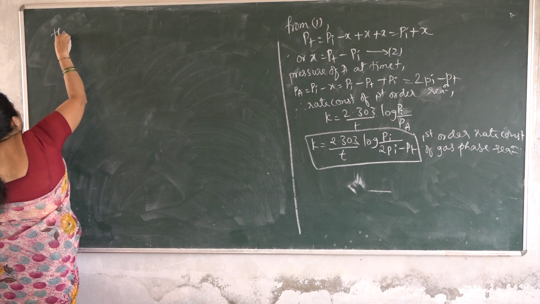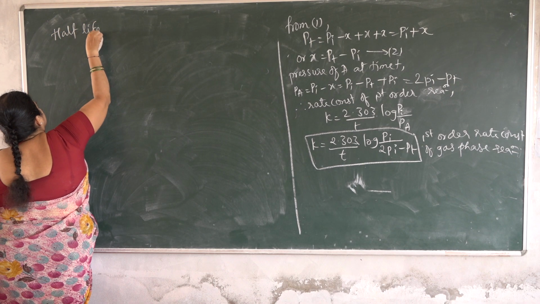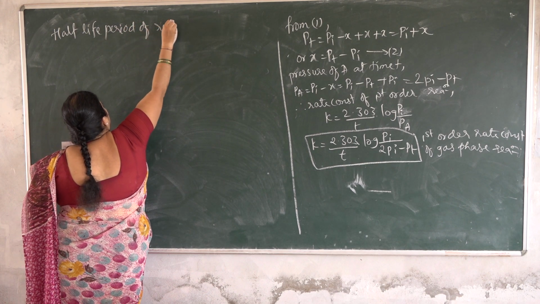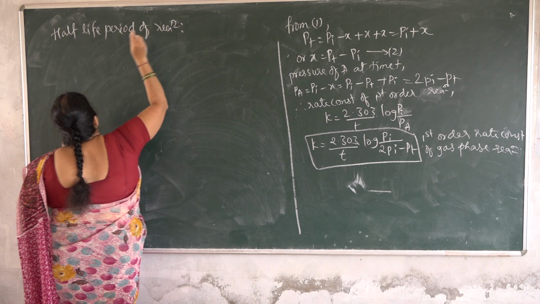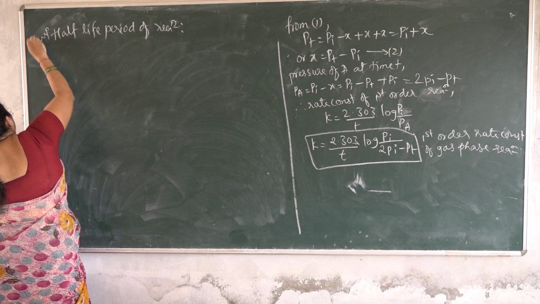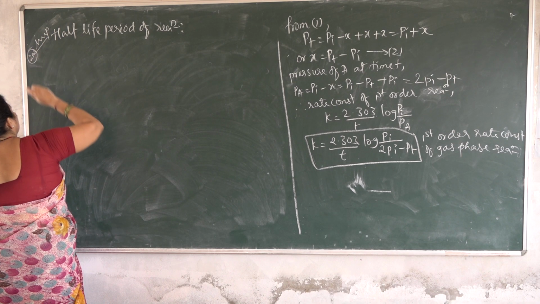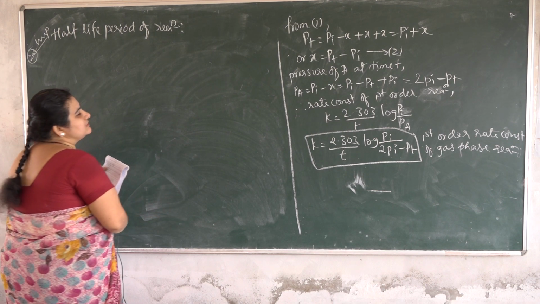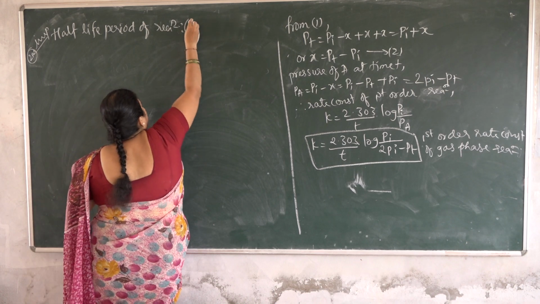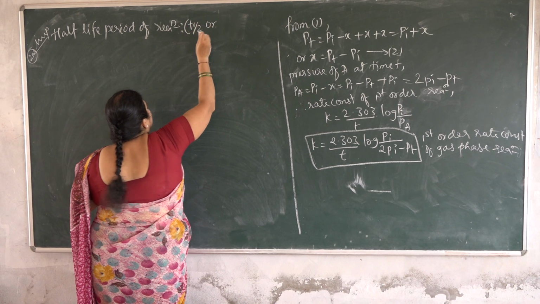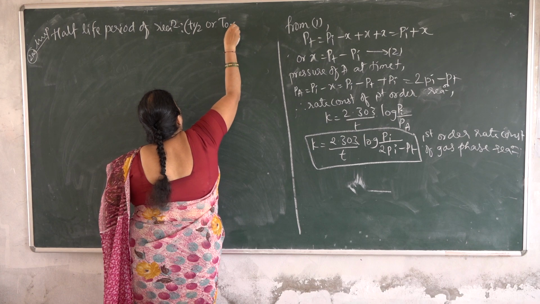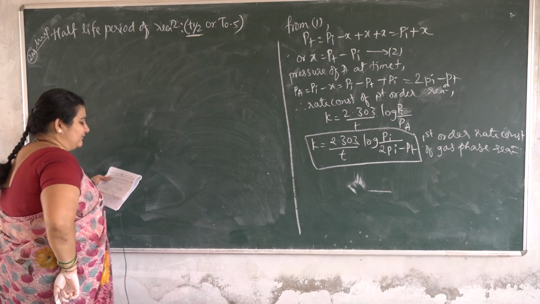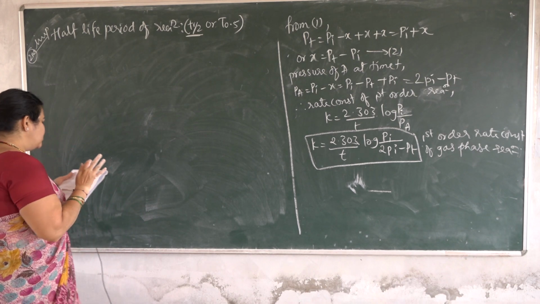Next one, half-life period of reaction. This is also again important. It may be asked for 1 mark for the definition and 1 mark for the explanation. Okay. It is represented by the letter t half or t 1/2. So we generally make use of the notation t half. Here there are two definitions.